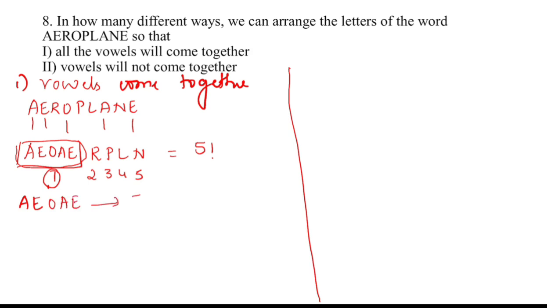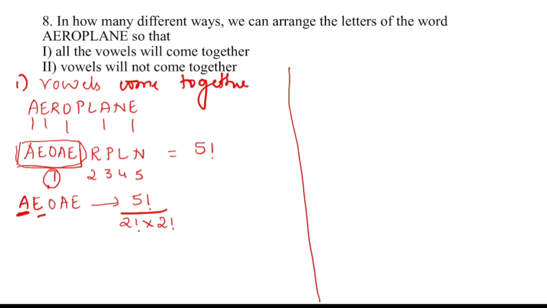These 5 can be arranged in 5 factorial ways. But A is repeating twice, so divide by 2 factorial, and E is repeating twice, so again divide by 2 factorial.